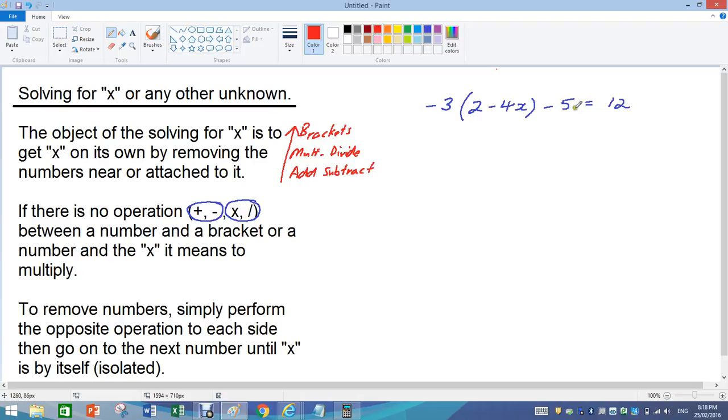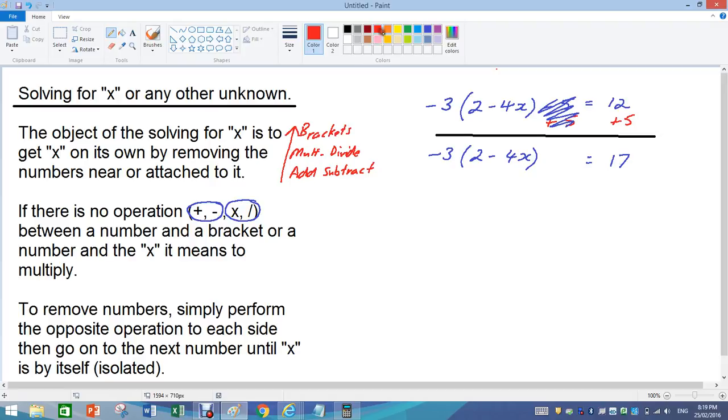Again, we've got minus 5, so we deal with add and subtract first. Opposite of minus 5 is plus 5. So plus 5 on the right side as well. Do our sums on both sides. So minus 5 and plus 5, that's nothing. So the left side just has minus 3, bracket 2 minus 4x equals the right side, which is 12 plus 5, 17.